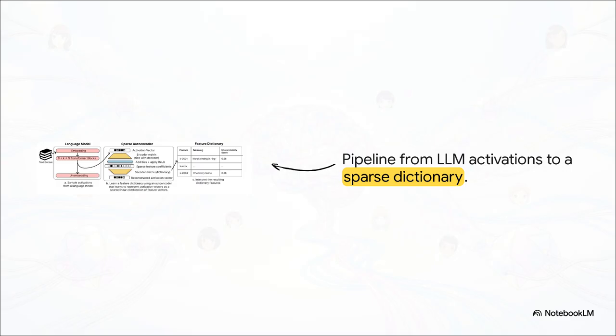It's a sparse feature dictionary where only a tiny handful of specific, interpretable features are active at any given moment. So instead of that opaque vector, we get distinct features we can actually put a label on. Like, oh, this specific feature reliably fires for words ending in -ing, or this one's for chemistry terms. It's an absolute game changer.